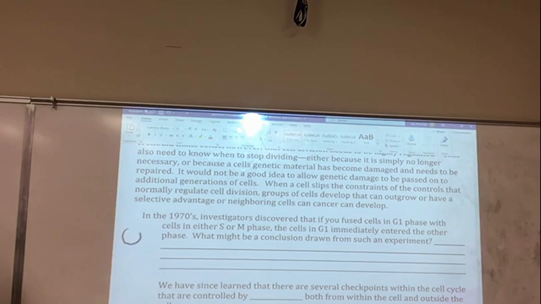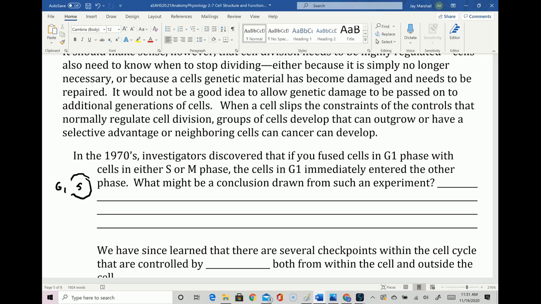If I have a cell that's in G1 phase here, and I make it so that the cell membrane of another cell fuses with the cell membrane of this cell, the cytoplasmic contents of this cell now have access to this cell, and this combined cell immediately enters the other phase. So this G1 cell will now enter the S phase.